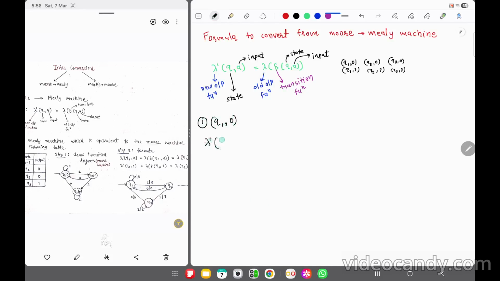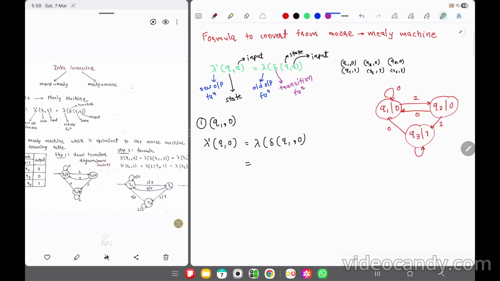λ'(Q1, 0) = λ(δ(Q1, 0)). Now we will see what we get from the transition function for state Q1 with input 0. This is our transition diagram of the Moore machine.